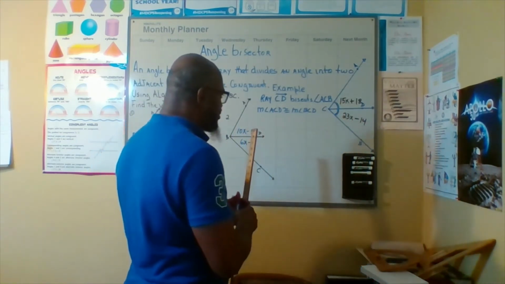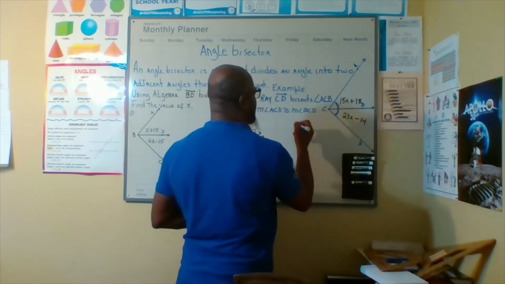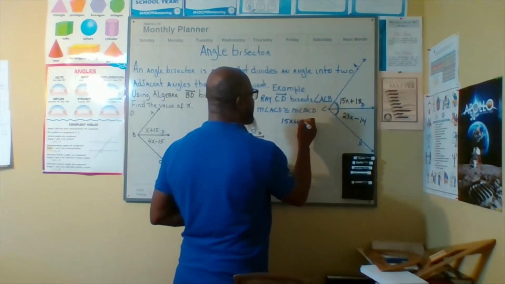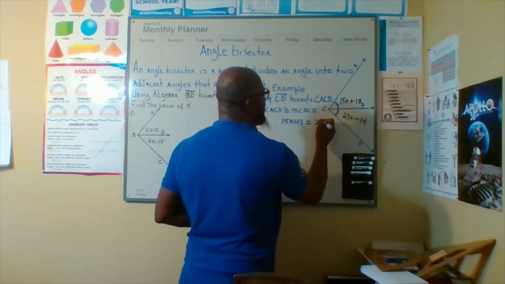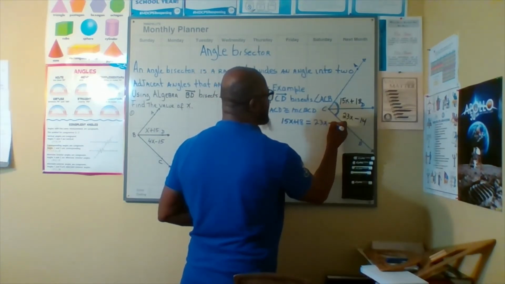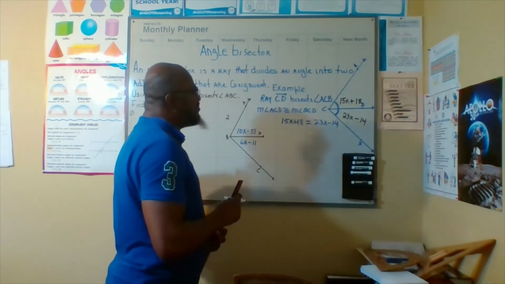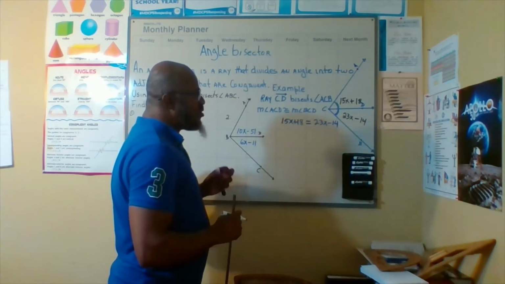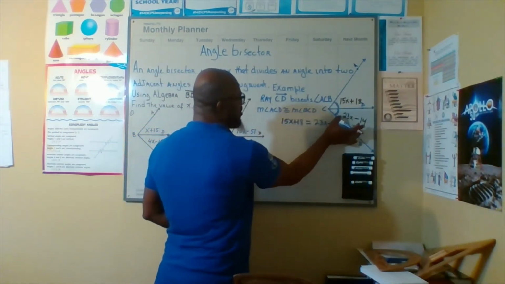So in order to solve for x, whatever expression we have here, which is 15x plus 18, since they are congruent, you have to let them equal to each other, to 23x minus 14. You have to let those two expressions equal to each other. That's what a bisector does. When you bisect an angle, you split the angle into two congruent angles. So this angle here is congruent to that angle.